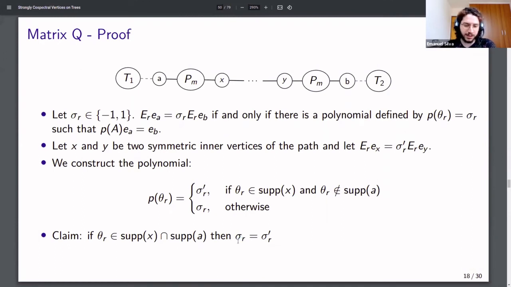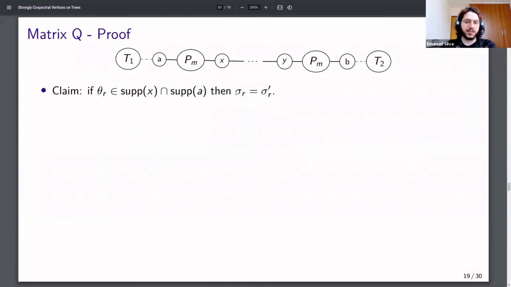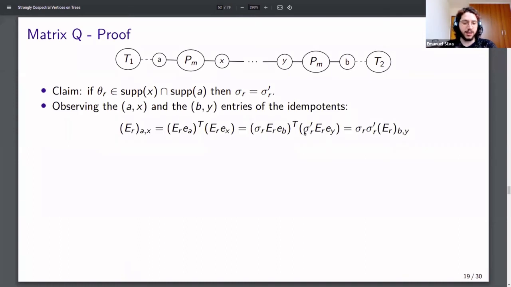If this condition is true, then this is a valid polynomial that is going to map A to B, but also X to Y. What we are going to do now is show that sigma r is equal to sigma r prime for every eigenvalue in the support of both X and A. How do we prove it? We are going to observe the AX entry and the BY entry of each of the idempotents, such that the theta r eigenvalue belongs to both the support of A and X.